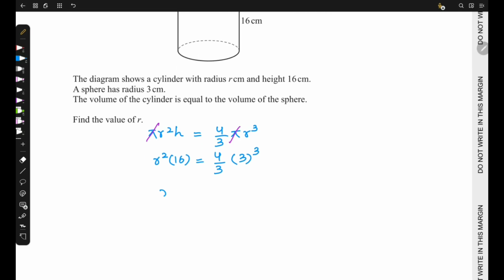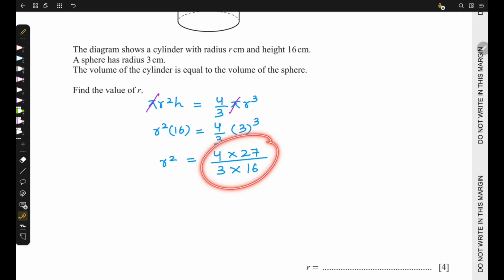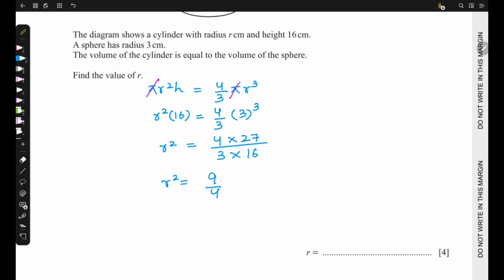Now if we solve it, r square is equal to 4, 3 cube is 27, over 3 times 16, because 16 goes over here in the denominator. After simplifying this side, I'll get, I think, 9 over 4, yes.